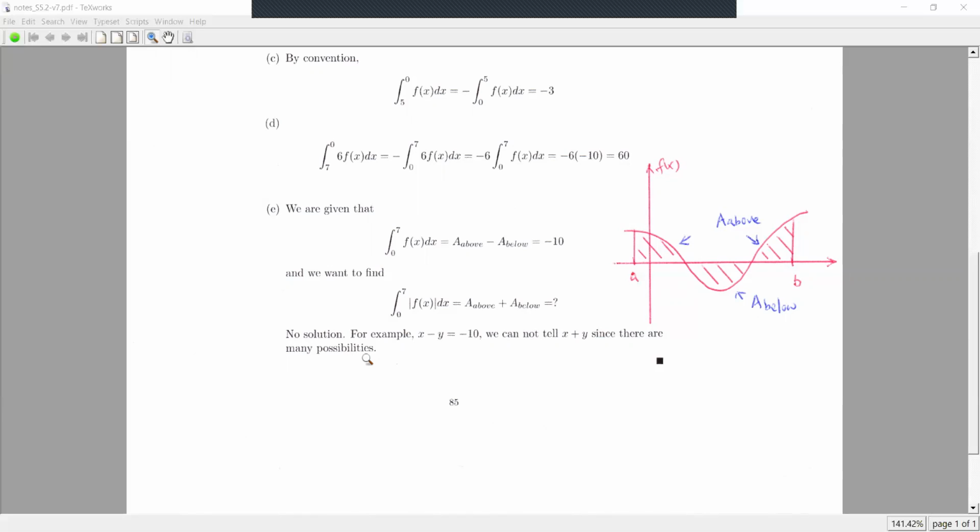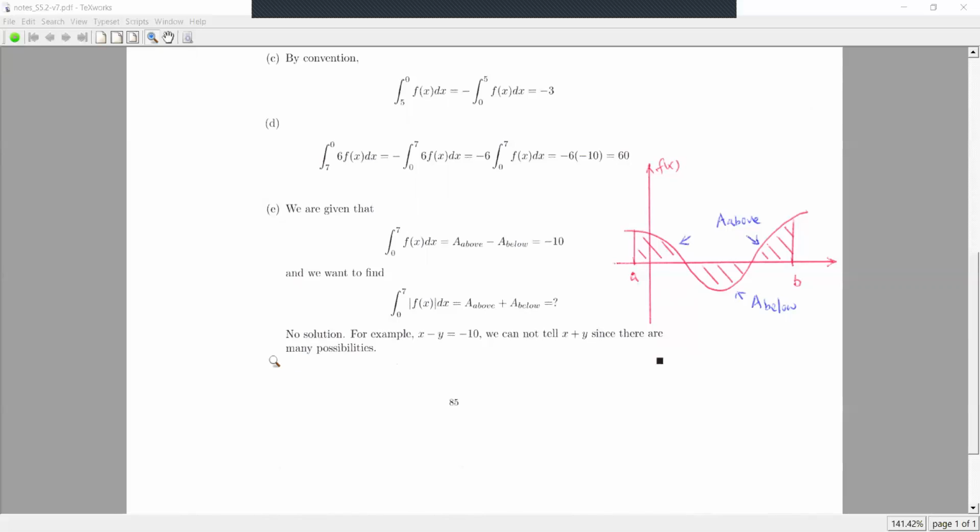For example, 0 minus 10 is -10, so 0 plus 10 is 10. 1 minus 11 is -10, and 1 plus 11 is 12. 2 minus 12 is -10, but 2 plus 12 is 14.